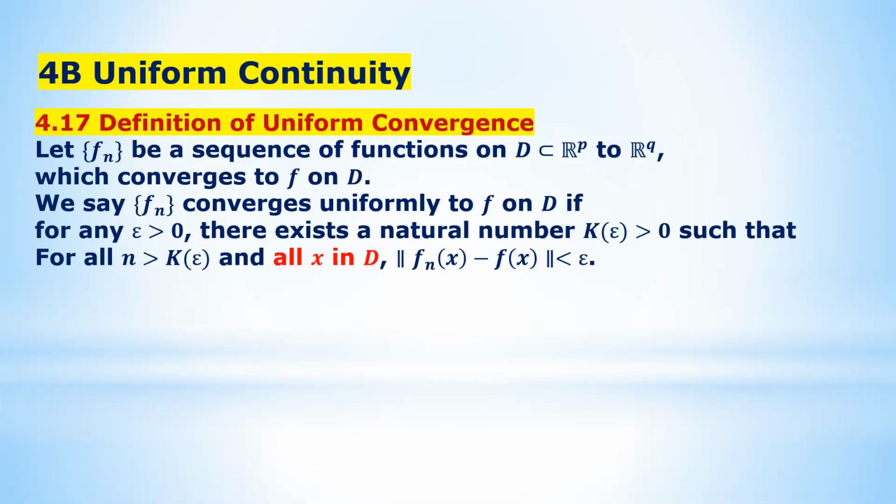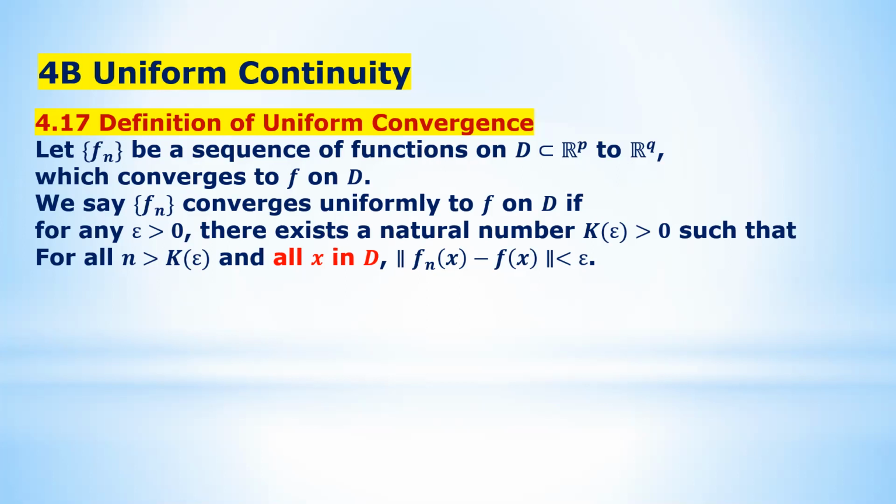However, here we say it's uniform convergence. This means that no matter which x you're thinking about, you can use the same k(epsilon), so this k works for any location. That's why the red part says that when n is greater than k, for all x in D, you will have that.